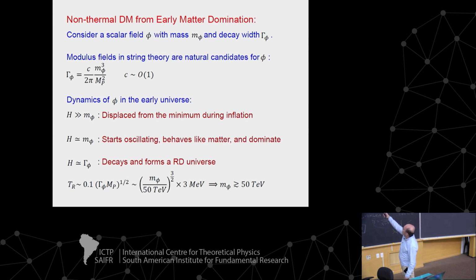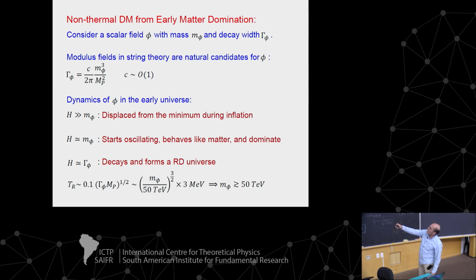And since they behave like non-relativistic matter, they can eventually dominate over the radiation which is already existing, because the decay rate is significantly small. So they have enough time to dominate before they decay, and eventually they decay. And once they decay, since they have already dominated, they reheat the universe, and the entropy that is generated dilutes everything that existed before.